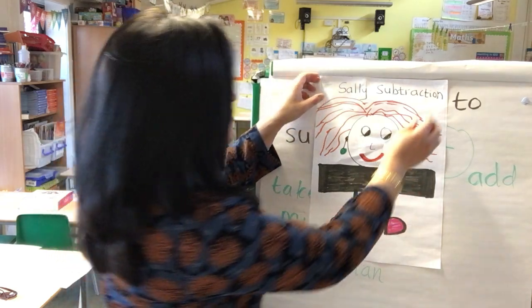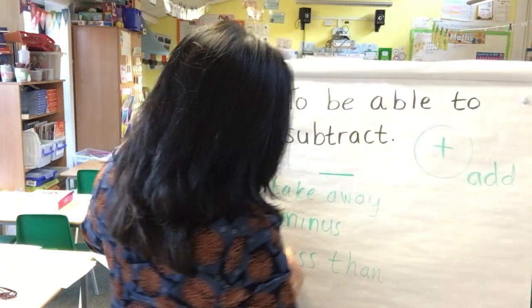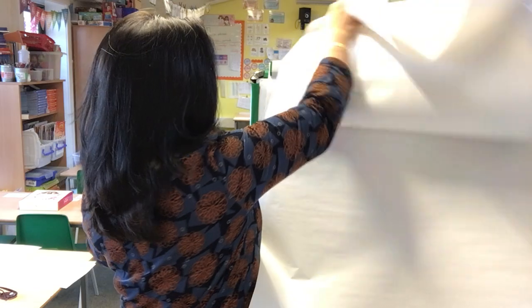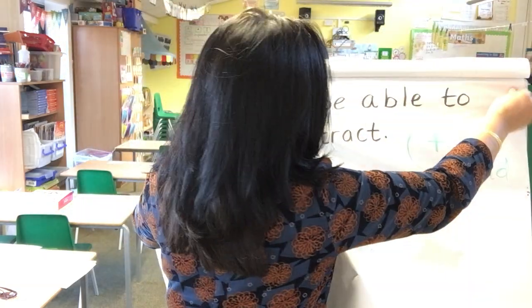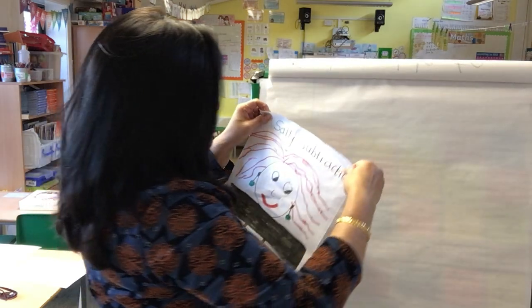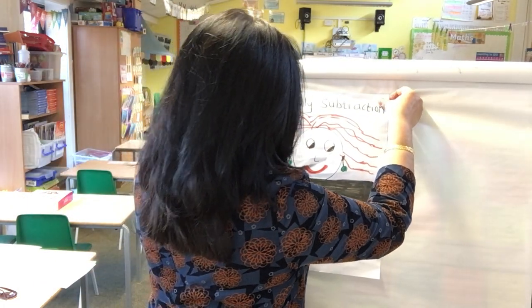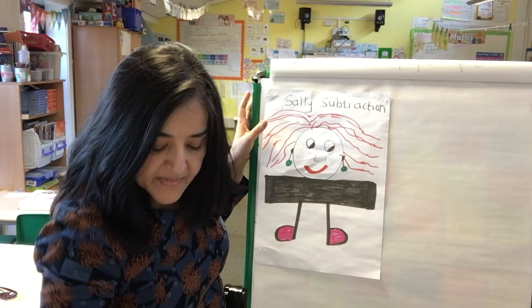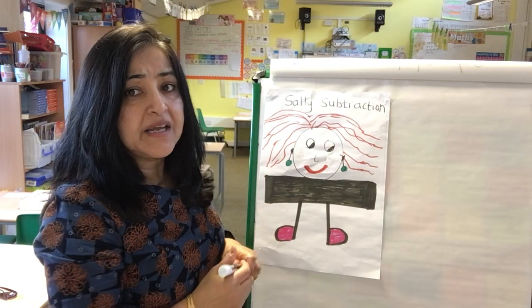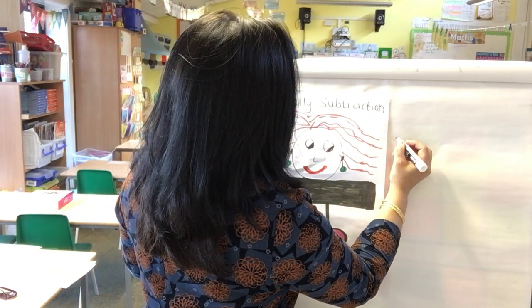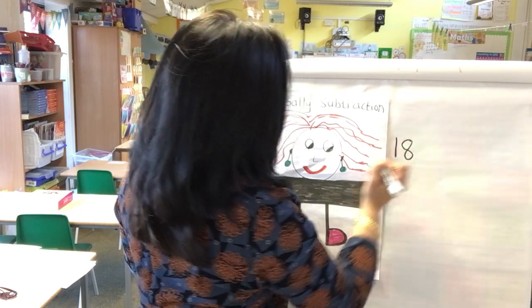Now we can write that as an equation, children. So first I had how many? I had 18 shapes.